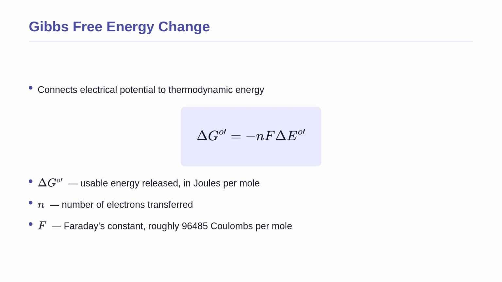The variable N stands for the number of electrons being transferred, which is usually 2. The symbol F is Faraday's constant, acting as a conversion factor between voltage and energy. Finally, delta E naught prime is the voltage difference. If the voltage difference increases, the amount of energy released also increases proportionally.